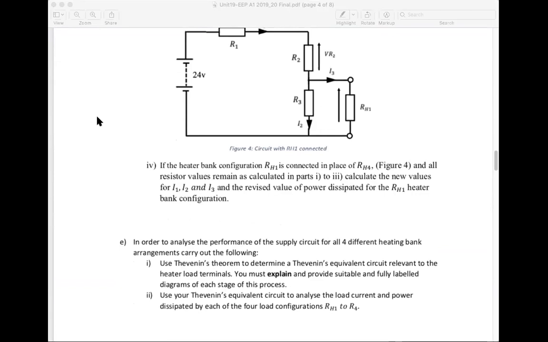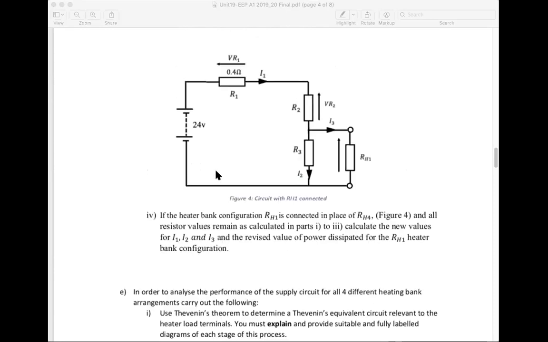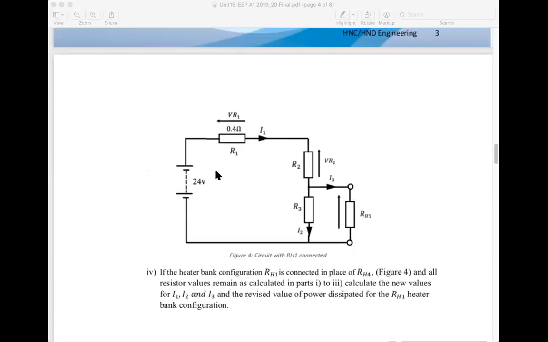Yeah, I had a question. Yeah, go on, Jake. There's that 16 volts that's across R3 and RH4 above. What are you supposed to label? Can I label that whatever I want, because I've written a formula and I've just labeled it VR4.